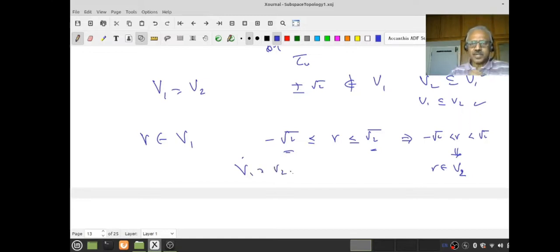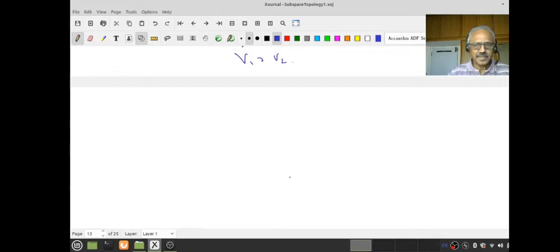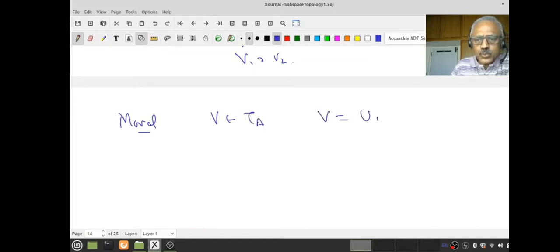So what is the moral of the story? The moral is that V may be in tau_A, so V equals U intersection A with U open in X, and F intersection A, where F is closed, may not be a closed set in the sense of being the intersection with a non-open set, yet it may still be open.